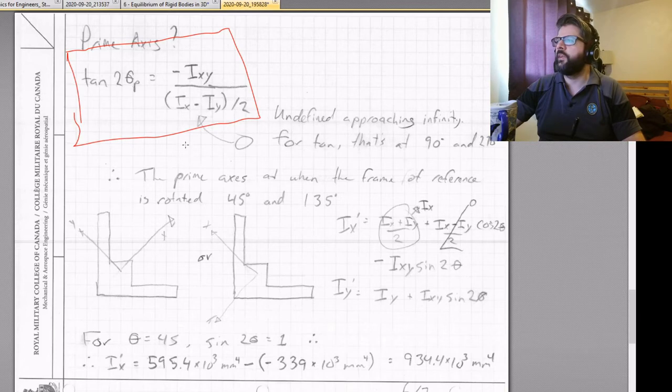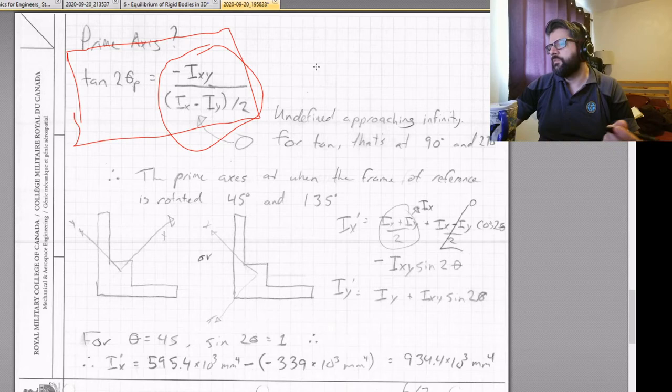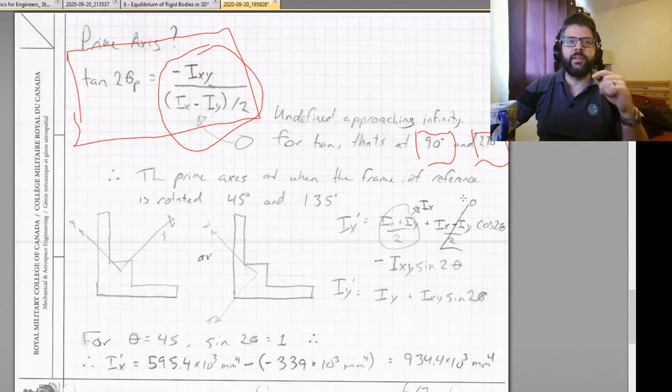Those two things are equal, so this is 0. So this value is undefined, approaching infinity, because we're dividing by 0. That's okay. We know that happens with tan at 90 degrees and 270 degrees.